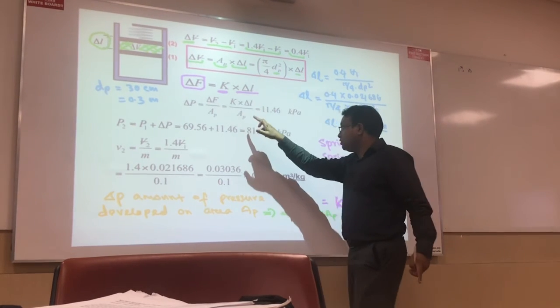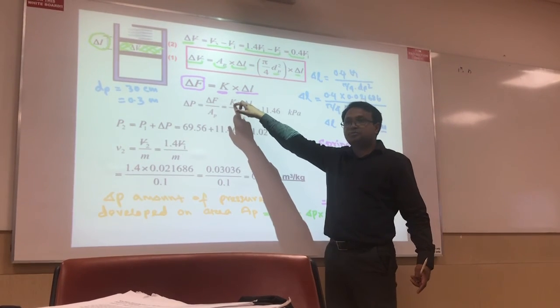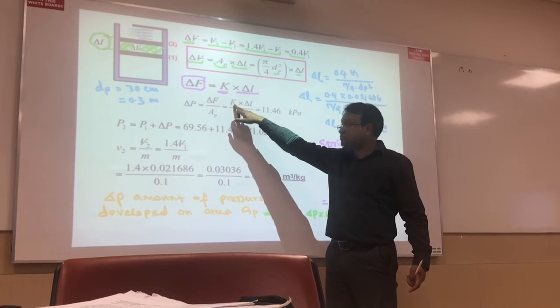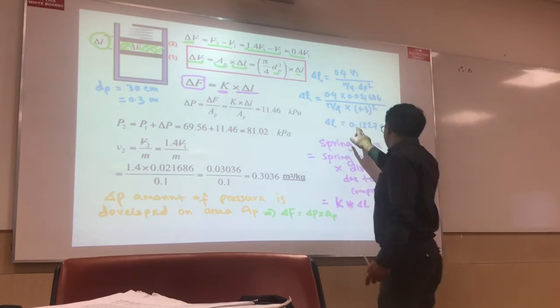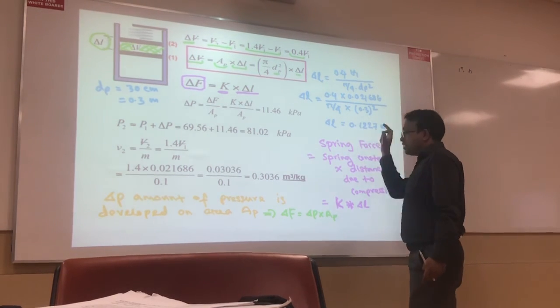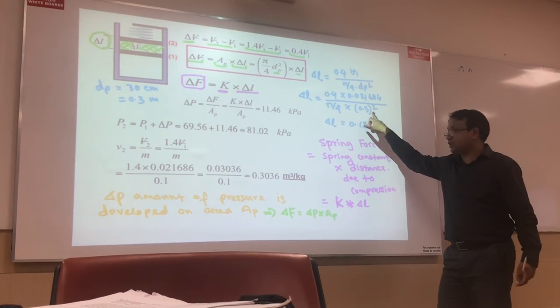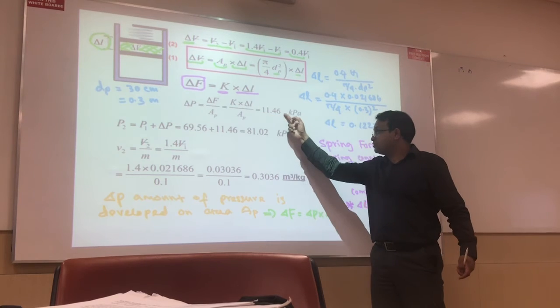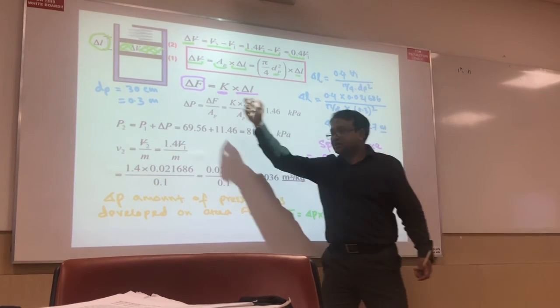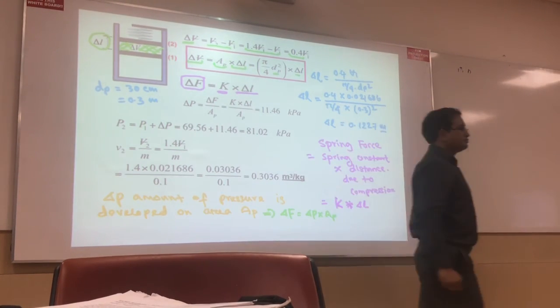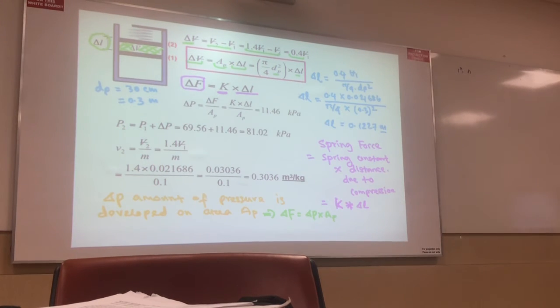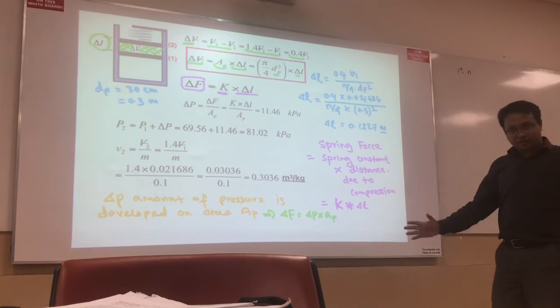I substitute the value. What is K? 6.6 kilonewton per meter. Delta L is 0.1227. AP is pi by 4 times 0.3 square. Then I find 11.46 kilopascal. This is the delta P. Agree? Done.